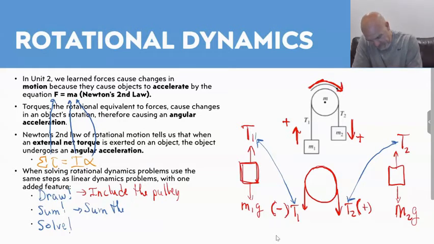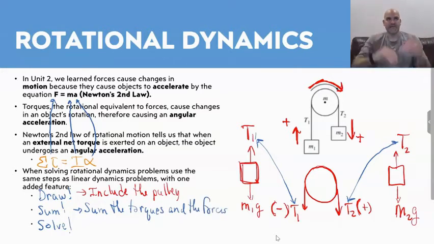So here you would sum the torques and the forces. Then I would write my vector sums like T1 minus M1G equals M1A, M2G minus T2 equals M2A, and then I handle the torque there in the middle. I'm not going to go too far into it because this is going to be essentially part of our example problem.